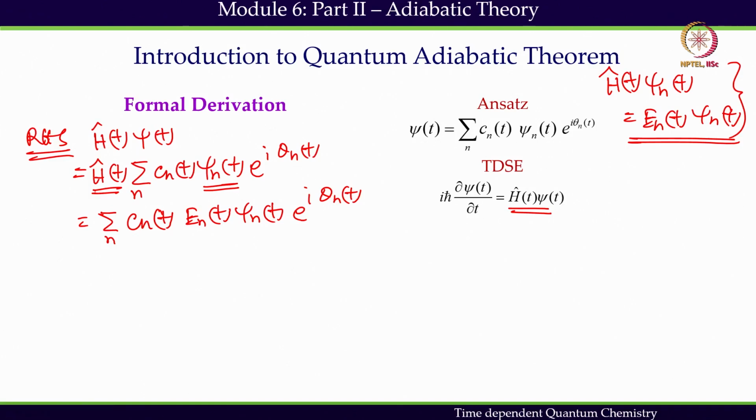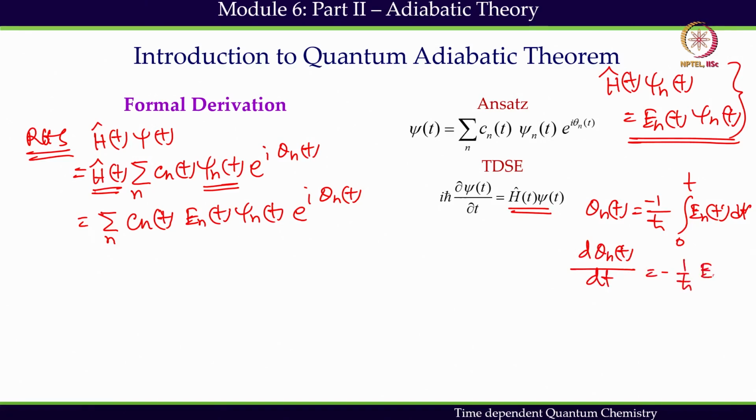Now because this theta_n(t) is nothing but minus 1 by h cut integral from 0 to t of E_n(t') dt', one can write down that d theta_n/dt is minus 1 by h cut E_n(t).